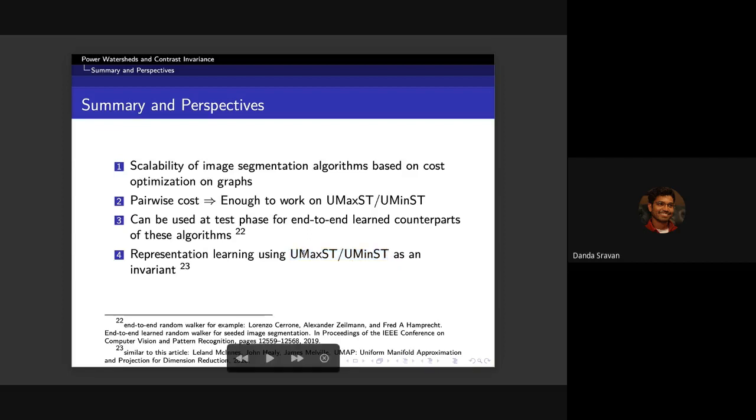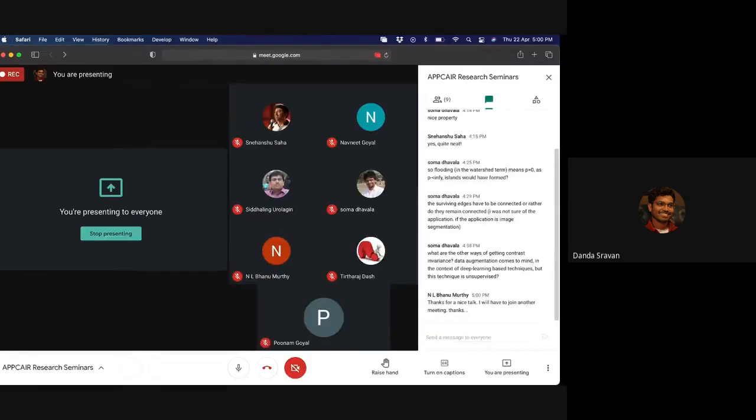I don't preserve all the distances, but if I preserve only these distances, would I be able to get good representations? This is one area that we are currently exploring. I believe this would result in really good results, given that this particular structure turned out to contain the most relevant information. I'll stop here. Probably I'll take questions.